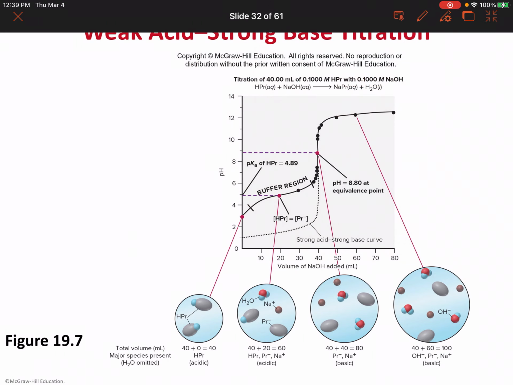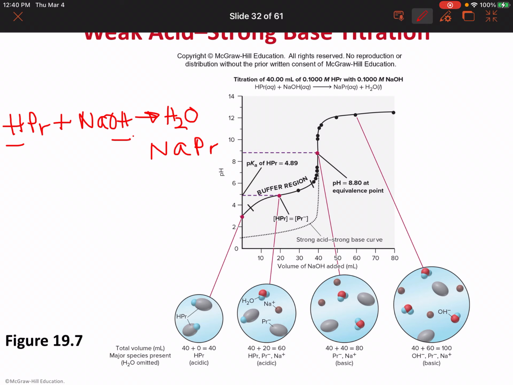Now you have a weak acid HPr plus your sodium hydroxide, and at the end point what you're going to have is water plus the salt NaPr, sodium propionate. When you reach the equivalence point, that is what you have. The number of moles of hydrogen coming from the acid is done reacting with the number of moles of hydroxide added.